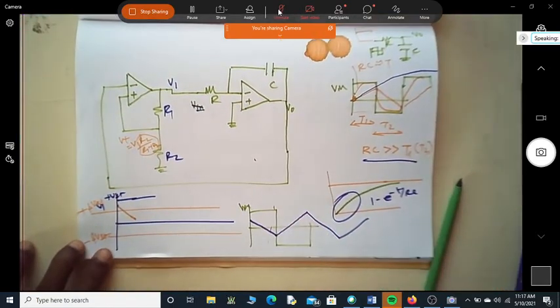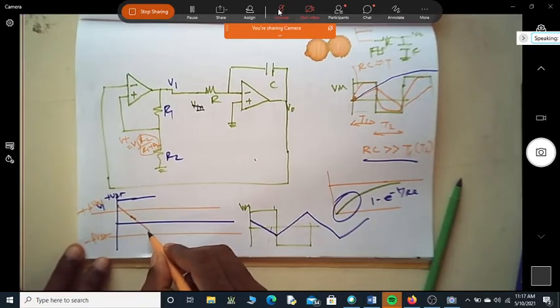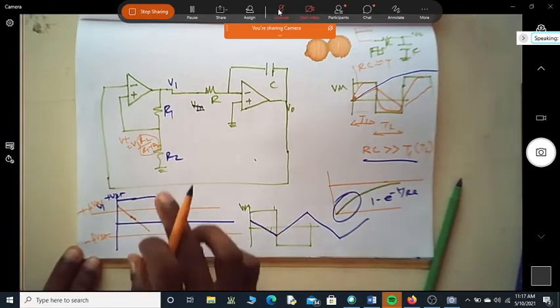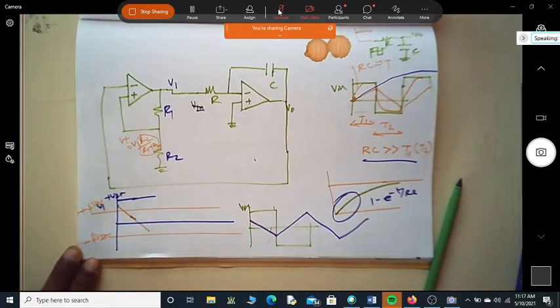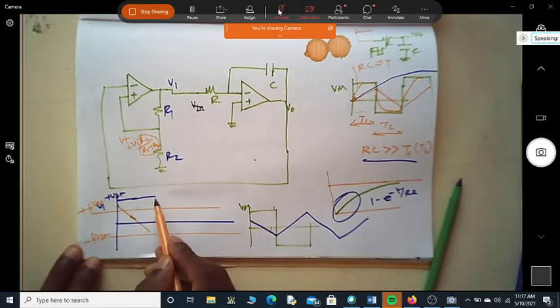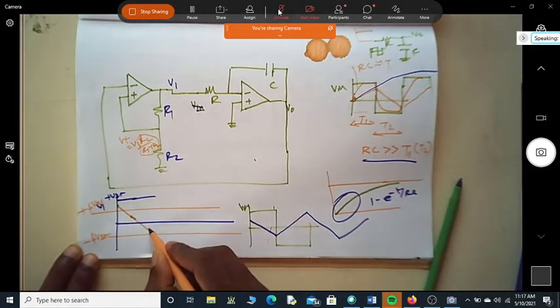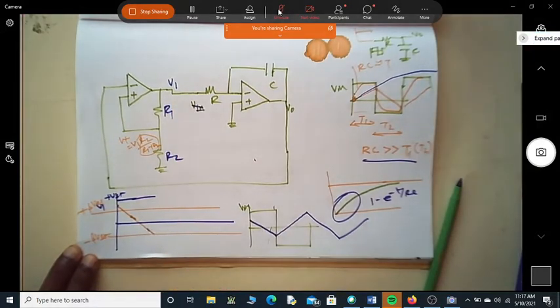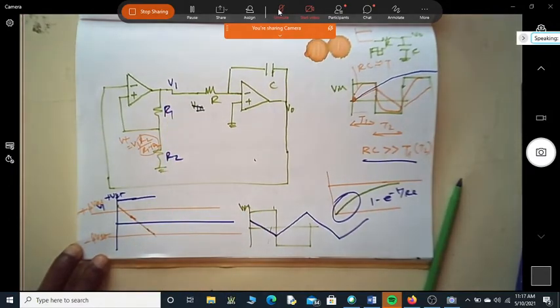So now, as long as this input voltage is above minus beta Vsat, is this more than V minus? Does it mean that the output will remain at plus Vsat? As long as this is at plus Vsat, does this keep on going down? When it tries to go below minus beta Vsat, what will happen?